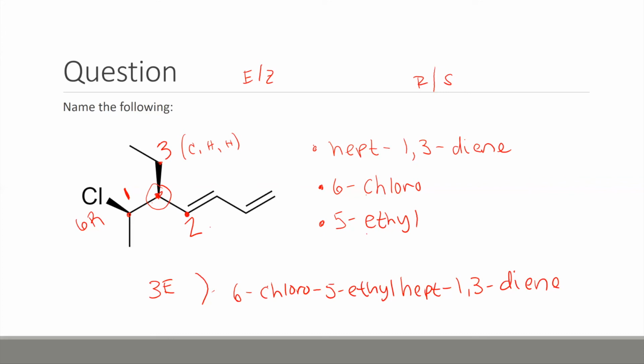This carbon right here is directly attached to a carbon, and a hydrogen. And this carbon right here is directly attached to a chlorine, a hydrogen, and a carbon. So the one with priority number 1 has an attachment with the highest atomic number, and then 2 has 1 extra carbon when comparing to 3.